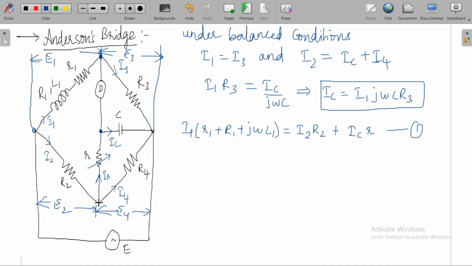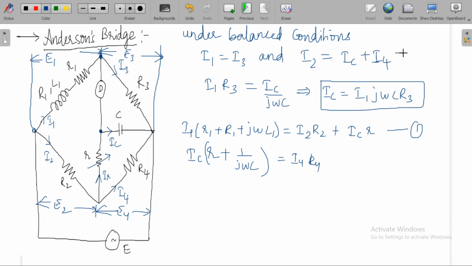Now the voltage across this is equal to the voltage across this plus the voltage across this, right? The same current is flowing through this, so IC into R plus 1 by j omega C is the voltage across this plus the voltage across this, which is equal to the voltage across I4 R4.